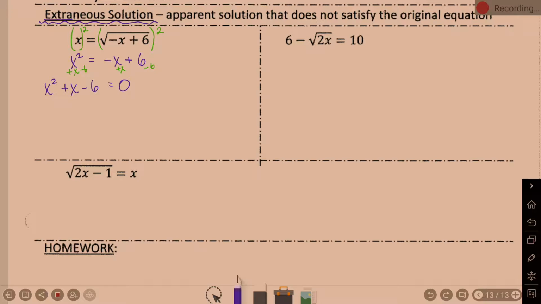Once we have a quadratic equal to 0, what do we usually try and do in this form? We want to keep it equal to 0. Here's my hint to you.